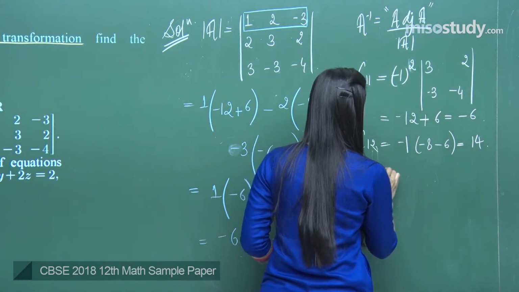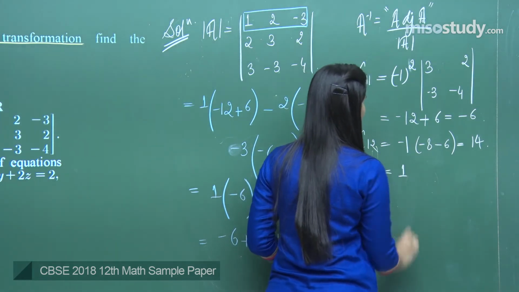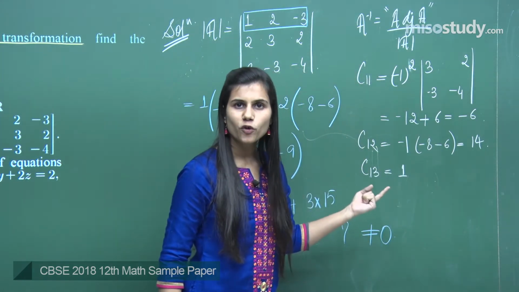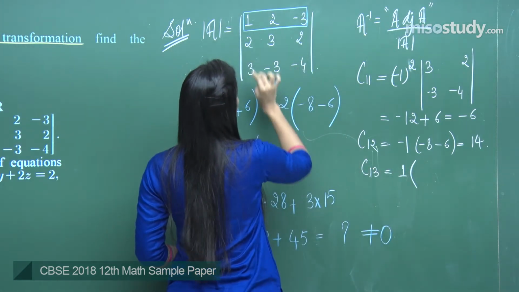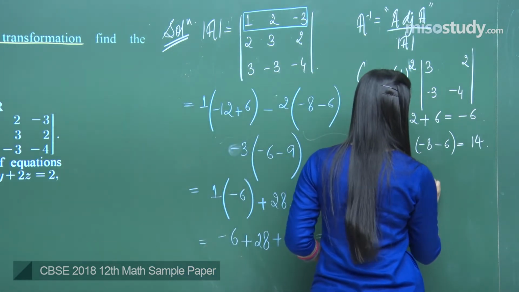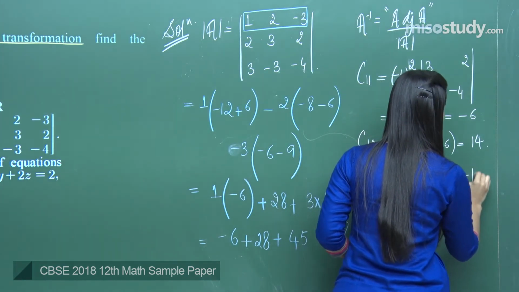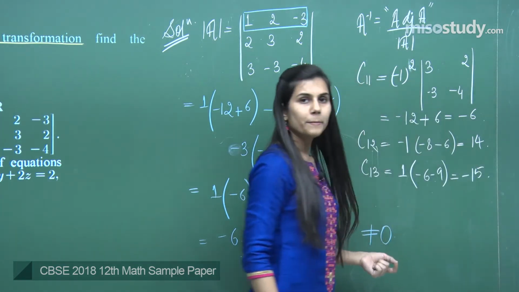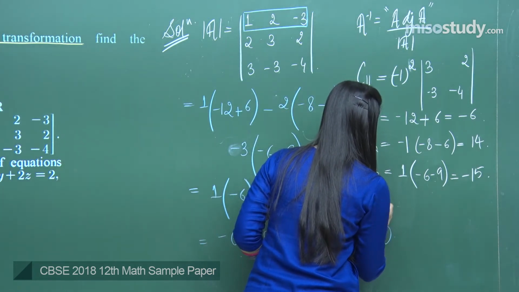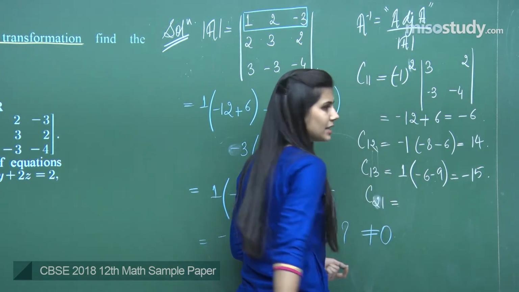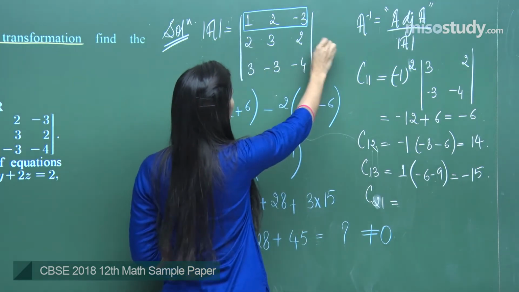Then you have C13. So C13 delivers you with a 1, because minus 1 to the power 4 is 1. First row, third column, you get minus 6, minus 9, which gives you minus 15. Then you have C21, I should say. Second row, first column.